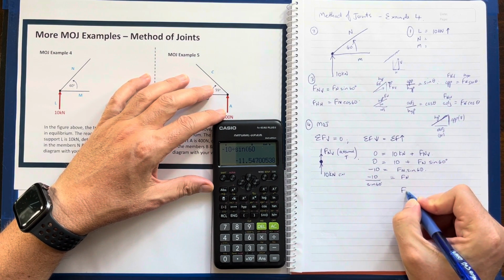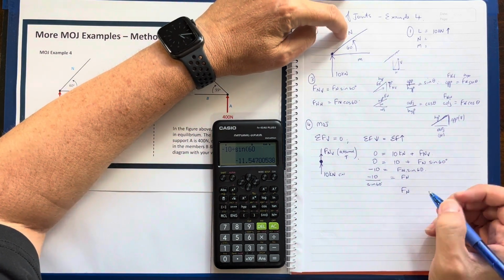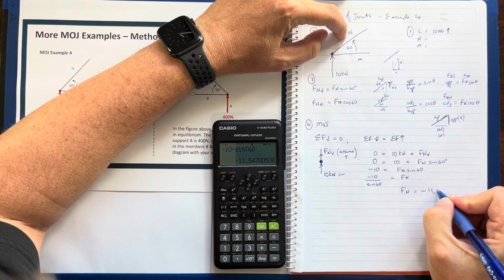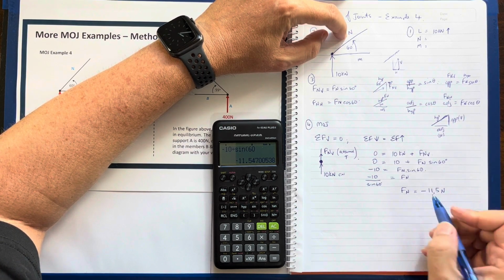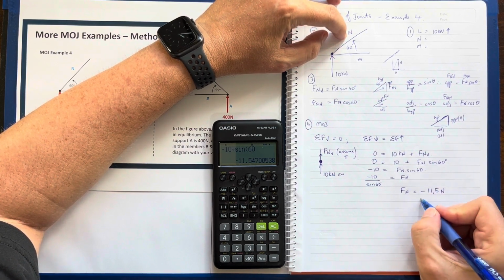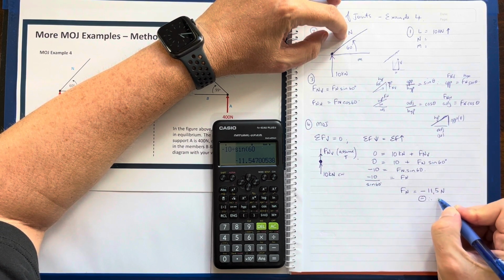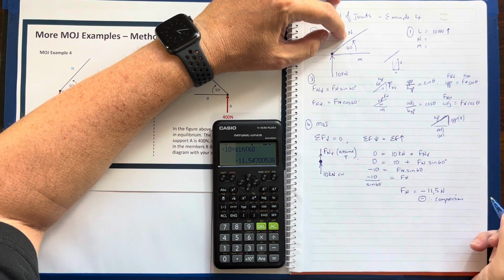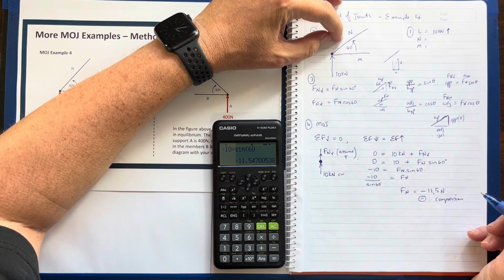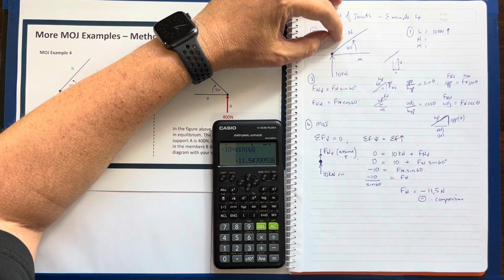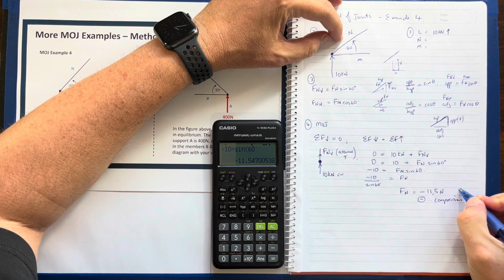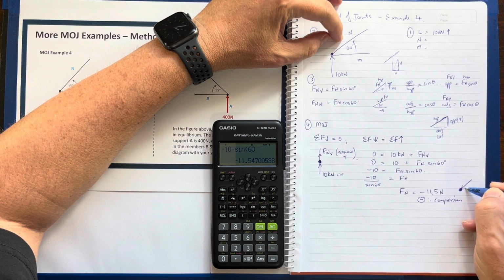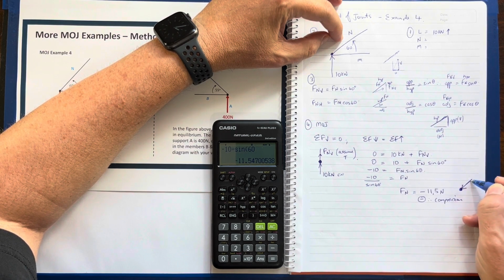The force in my member N is negative 11.5 kilonewtons. The sign is negative, therefore it's in compression. If it's in compression, my internal force is moving towards the joint, so it's pushing at that angle towards the joint.